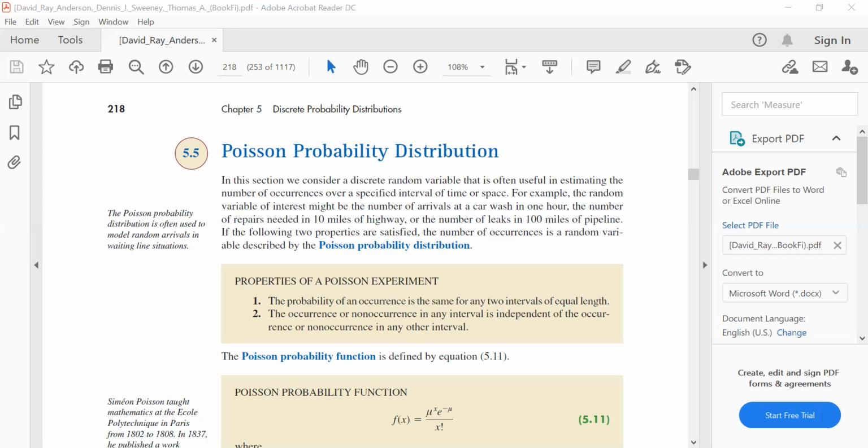The second condition is the occurrences are random. The third condition is the occurrences are independent.